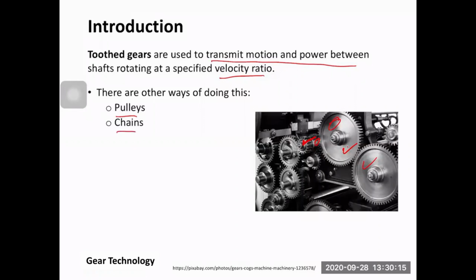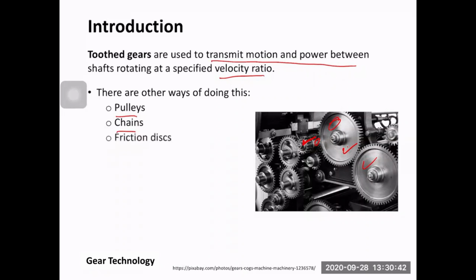It's similar to a bike: there is a sprocket at the front, another sprocket at the back, and a chain that is connecting them. This set, the sprockets and the chain, is one way of transforming motion and power between the pedals and the rear wheel.